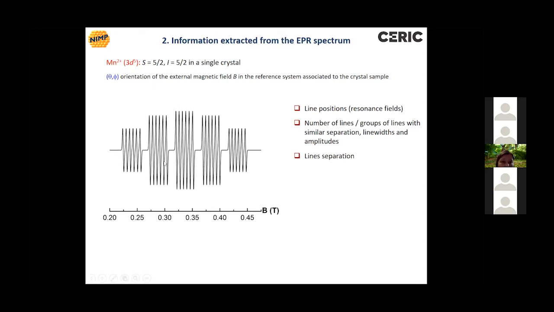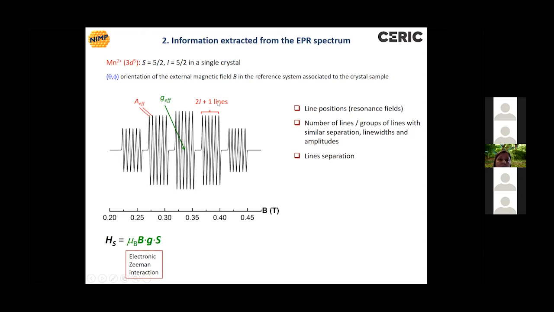So first, you look at the center of gravity of the spectrum, and here you get an effective g value, and this relates with the electron-Zeeman interaction. And then you look here and see that you have 6 lines of equal intensity, separation and line width.